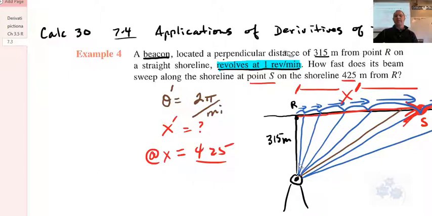That's our first rate of change. How fast does its beam sweep along the shoreline? The light beam sweeps along the shoreline, starts to increase in speed, spins all the way around, comes fast in here, slows down, and then speeds up. Fast, slow, slow, fast.